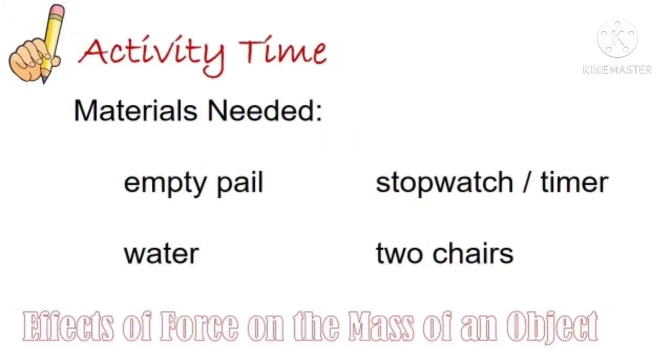For the third activity, we will be dealing with the effects of force on the mass of an object. We will use an empty pail, water, stopwatch or timer, and 2 chairs. If you are ready, let's get moving.